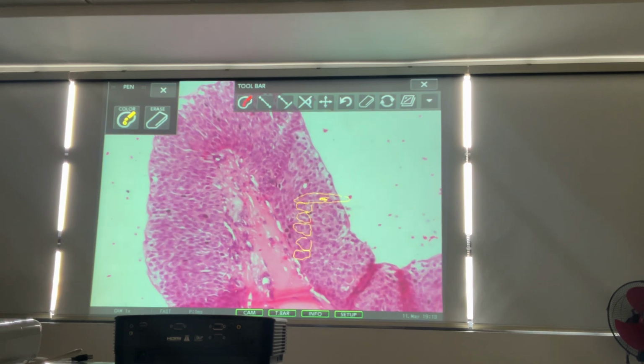They are flatter on one side, like that. Now, in malignancies, you would notice that aside from the increased thickness of the wall, there will also be disappearance of your umbrella cells.